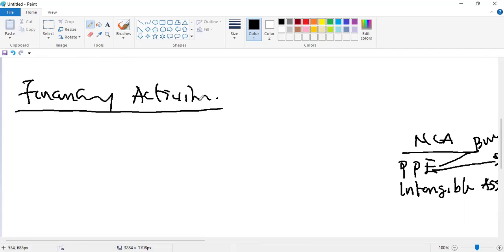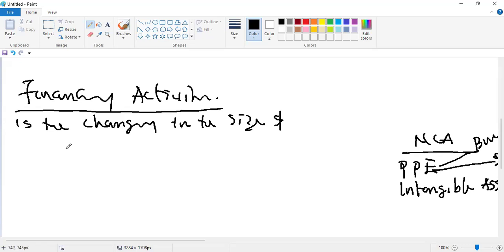But yes, IAS 7 gives us a definition: it is the changes in the size and composition of equities and borrowings.